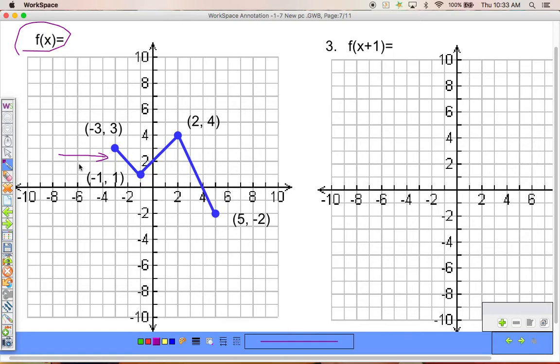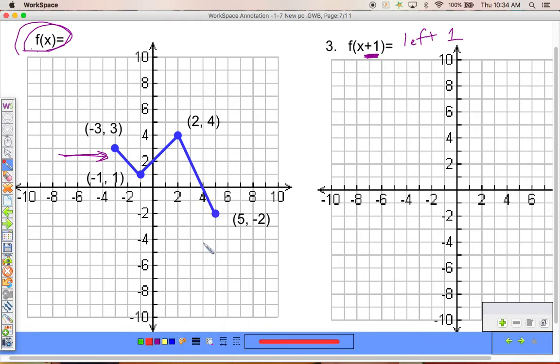So if I ask you to do f of x plus 1, what has changed is I'm going to take my f of x function, and because it's a plus 1, I'm going to move every point to the left 1 unit.